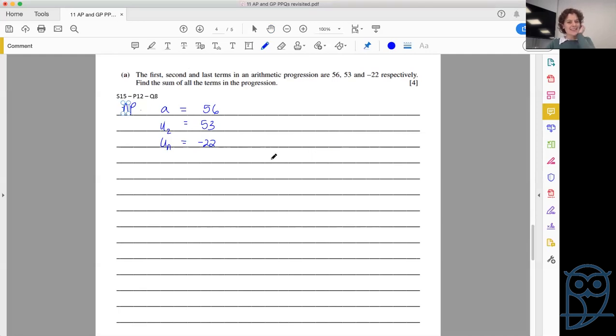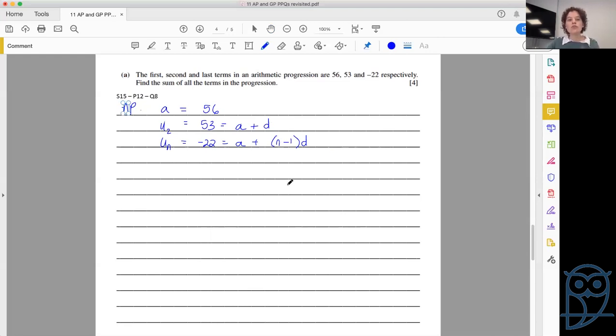Now, we never leave our summary like this. We always take it AP, so we're going to A, D, and N. So U2 equals A plus D, because 2 minus 1 is 1, and UN equals A plus N minus 1 D.